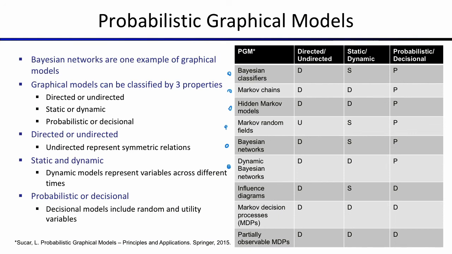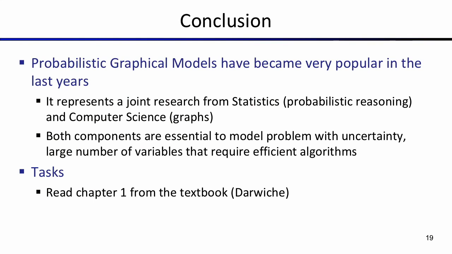And here we have three different decisional graph models. There are the influence diagrams, the Markov decision process, and the partially observed Markov decision process. Okay, so we have an overview of probabilistic graphical models.